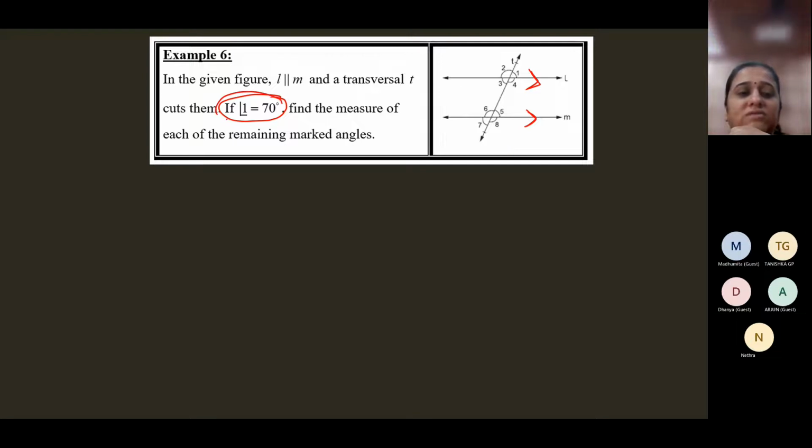Then write: if angle 1 is equal to 70 degrees, find all the other angles. That's all. Write down the question and leave some space. Completed, ma'am. Okay.